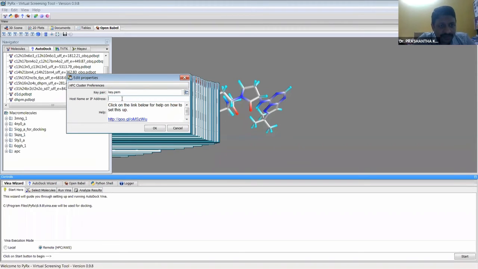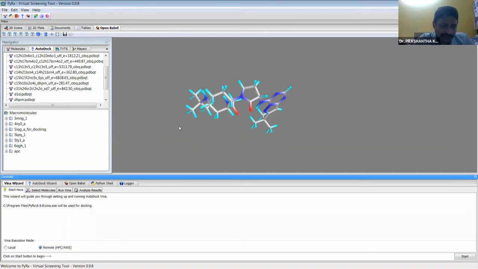We can submit the files to their server, and then the docking is going to happen there. Both options they have given. Since we have only 3 ligands, the remote option will be used when you have like 1 million, 2 million compounds. When we have like 500, 1000 ligands, the remote is not required. So local should be fine.